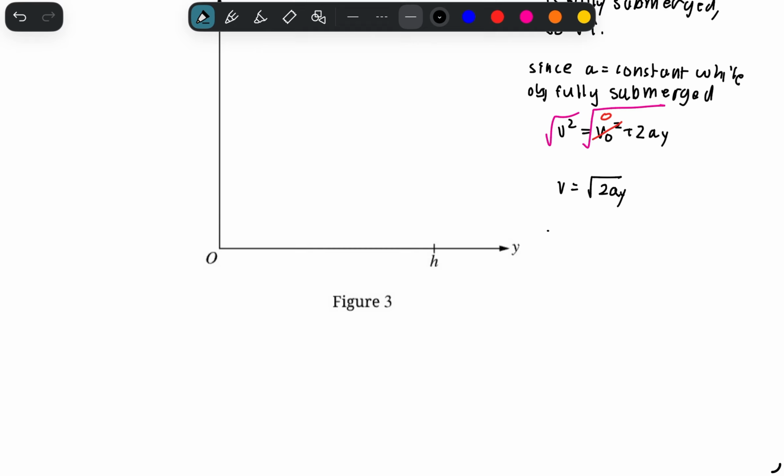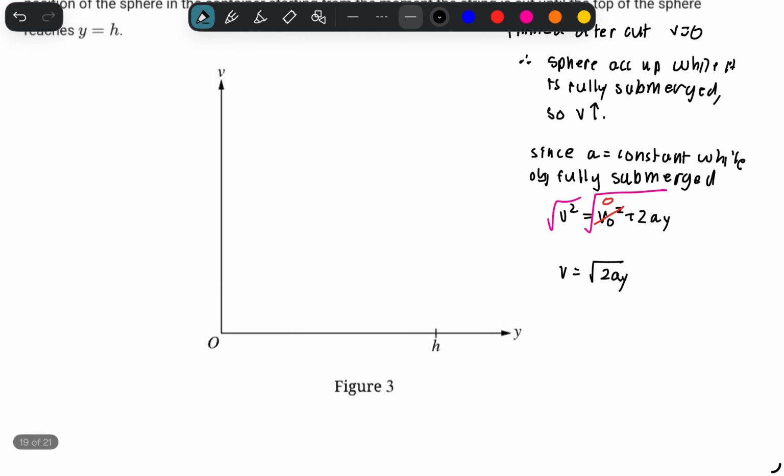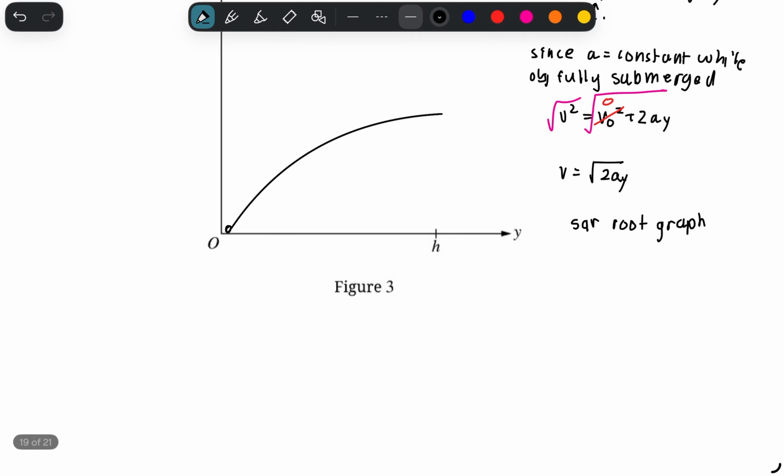So we know that we're going to go from y is equal to 0 to y is equal to h. We're going to draw a curve that starts at the origin, and then it's going to bend and decrease, concave down, because we have the square root graph. It's not going to be a straight line because our velocity is proportional to the square root of y, not just plain y.